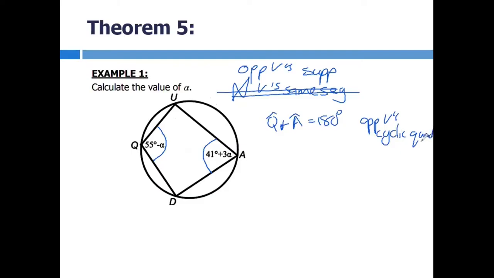We can't say just of a quad because it only happens when it's cyclic, which means you've got 55 minus alpha plus 41 degrees plus 3 alpha equals 180 degrees. And then you solve it like a normal equation from there. And I would like you all to solve it, but we've got an answer of 42. I want to see if you guys agree.